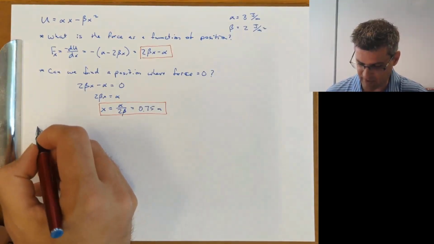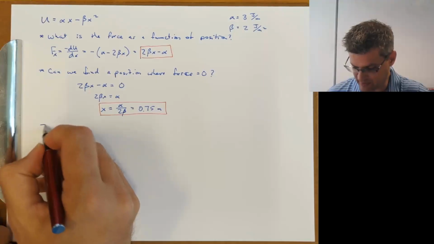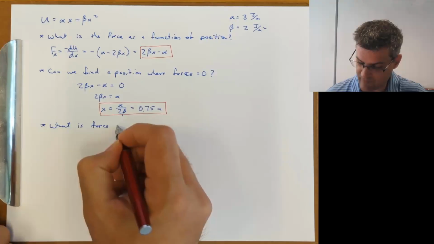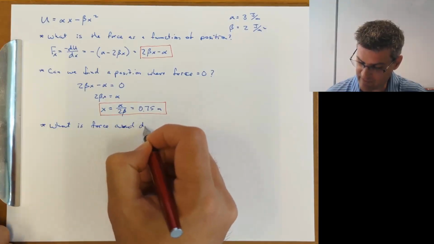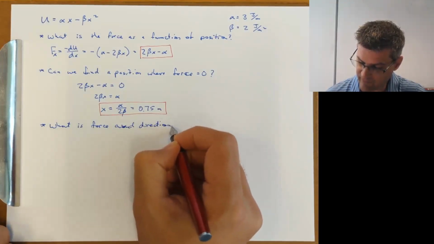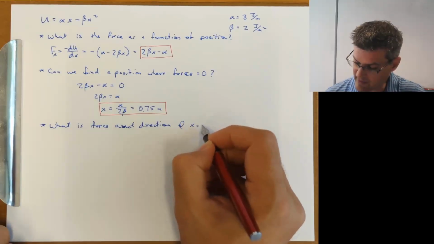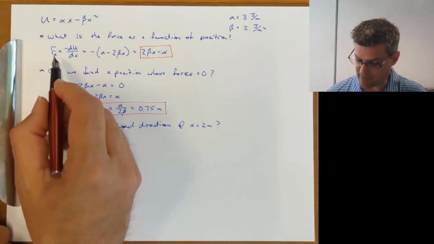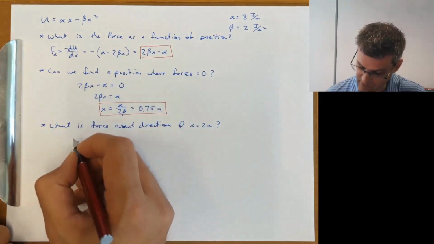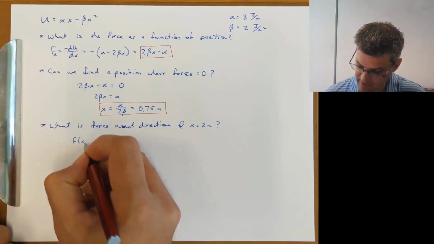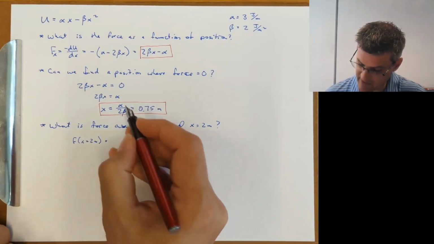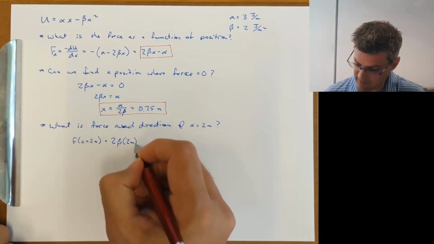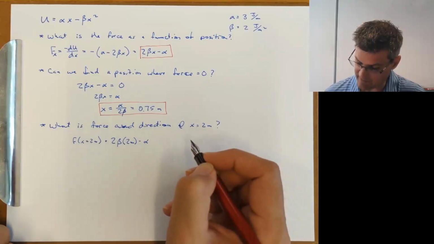What is the force and direction at a certain value of x, say, x equals 2 meters. Well, now, once again, we know this expression for force, so we could just say force at x equals 2 meters is going to be 2 beta times 2 meters minus alpha.